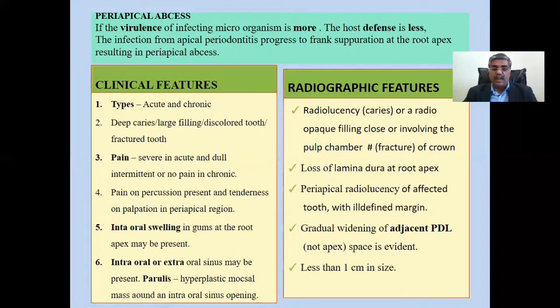There will be gradual widening of adjacent pedial space. It is not at the root apex, it is the adjacent pedial space, and size of the radiolucency usually will be less than 1 centimeter. So these are the radiographic criteria.